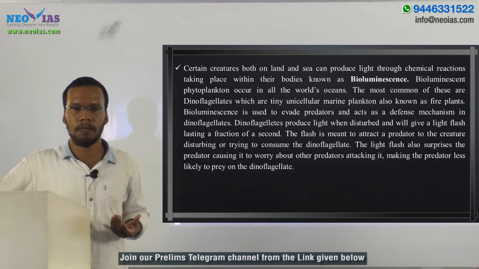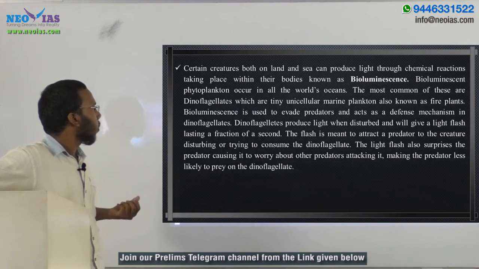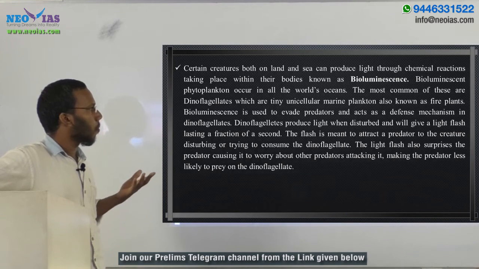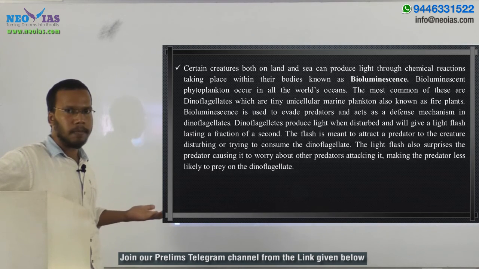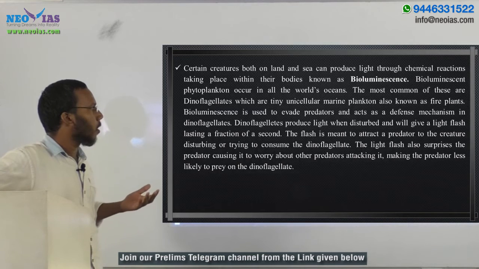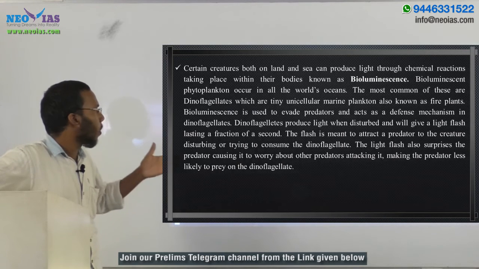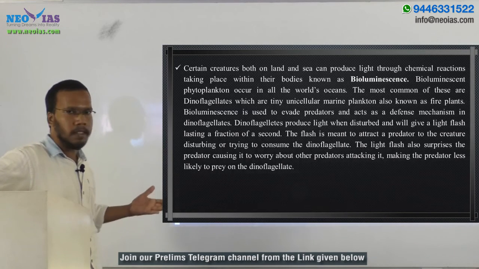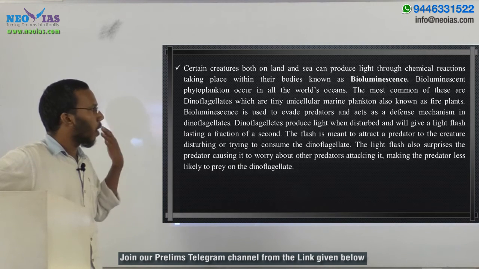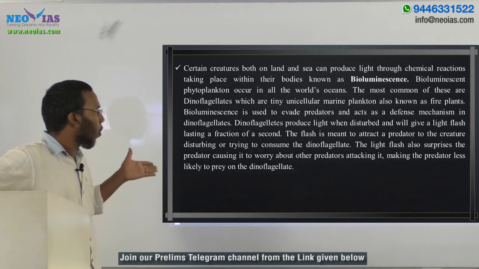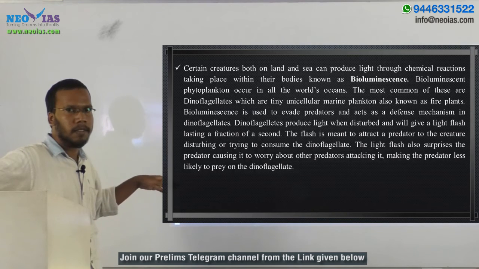This bioluminescence is used to evade predators by some organisms and acts as a defense mechanism in dinoflagellates. Dinoflagellates produce light when disturbed and will give a light flash lasting a fraction of a second. This flash is meant to attract a predator to the creature disturbing or trying to consume these dinoflagellates.